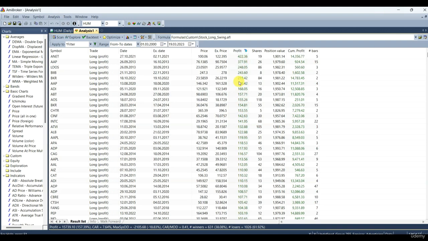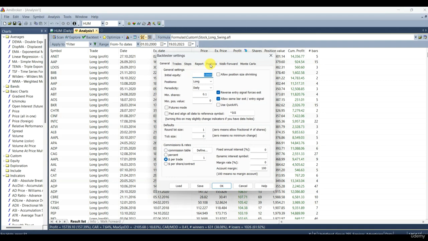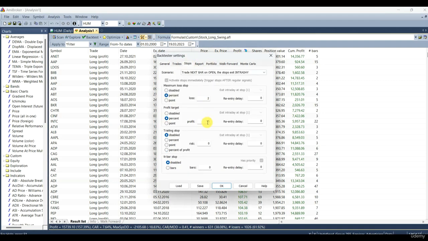Whereas the profits, they are of course higher because we still keep the ratio 5 to 2. This is something that we can experiment with. Of course, if we increase the losses, we can be longer in the trade and potentially turn it into a profitable position.